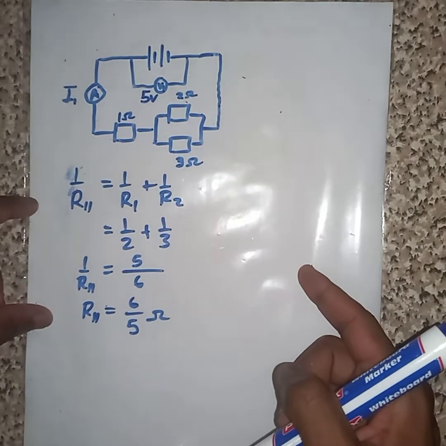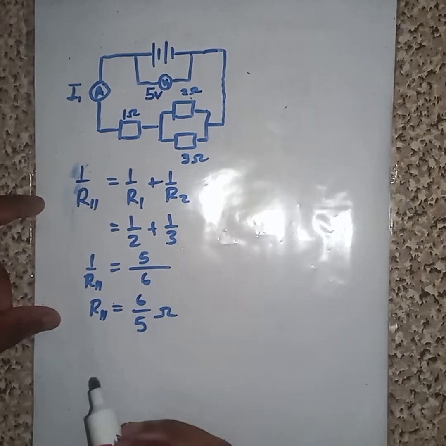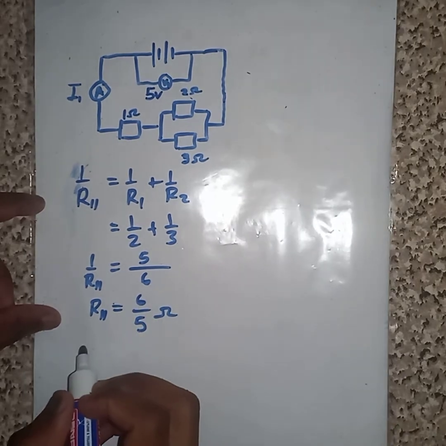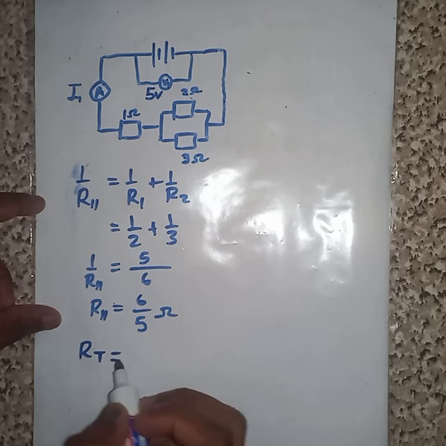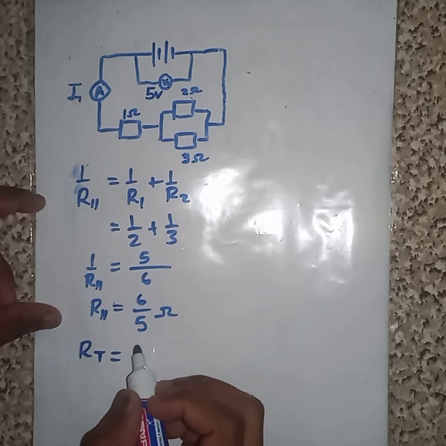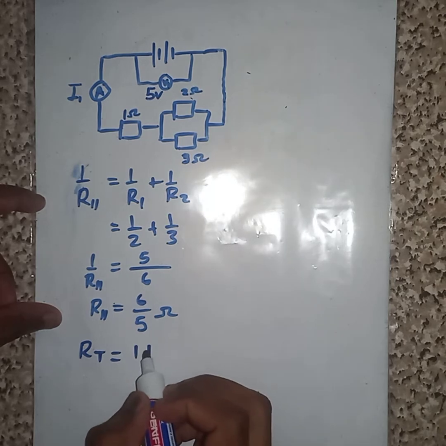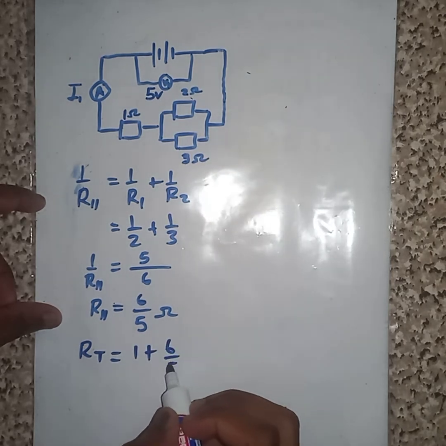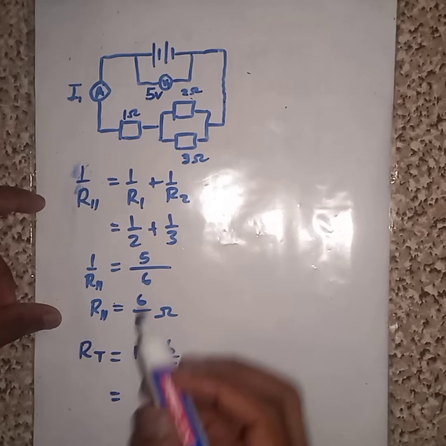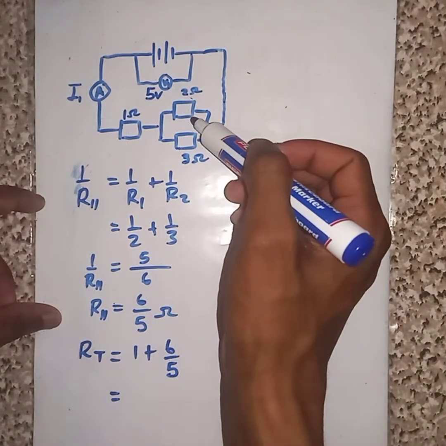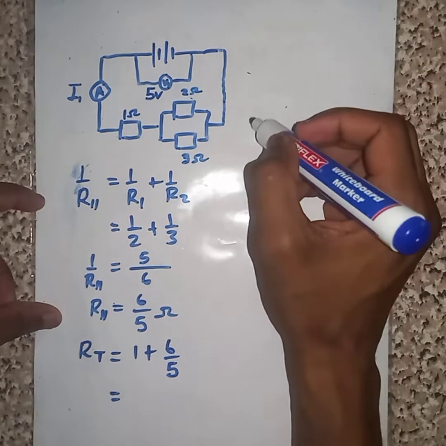But this is not our final answer. At this point, we'll then add this number for us to find R total. We add this to this one. It's going to be 1 plus 6 over 5. Now we add, because the connection is now in this format.